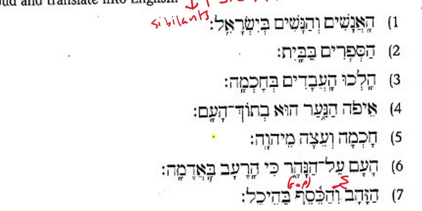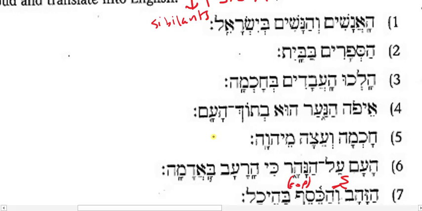Go. Aleph, Nun, Shin, Yod, Mem, Vav, He, Nun, Shin, Yod, Mem, Bet, Yod, Sin, Resh, Aleph, Lamed.